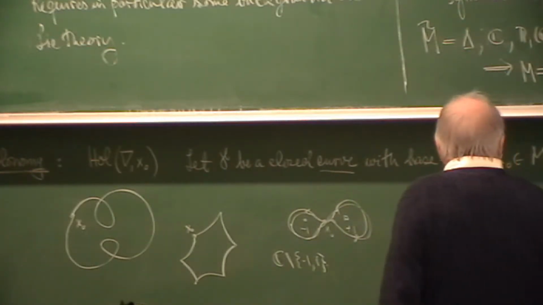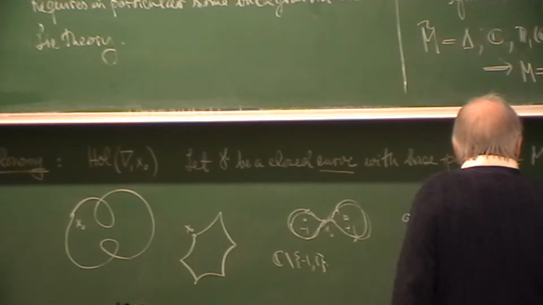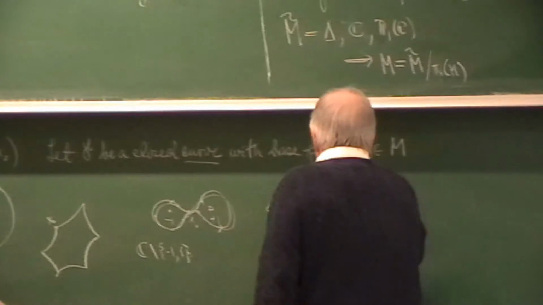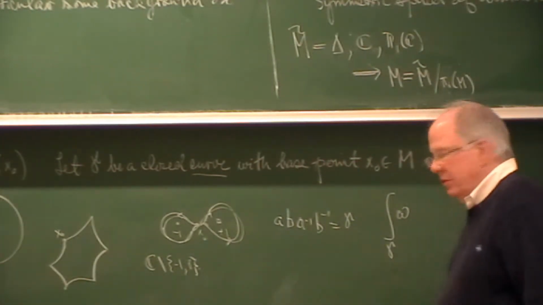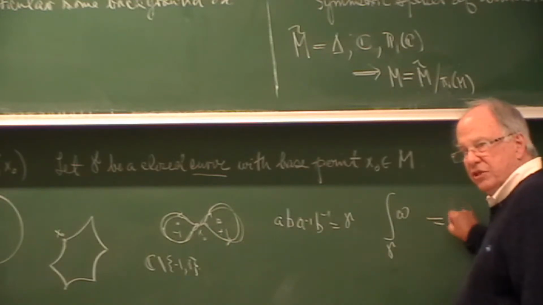But the interesting thing is, if you integrate a closed differential form around such a curve gamma, the answer is 0, right?